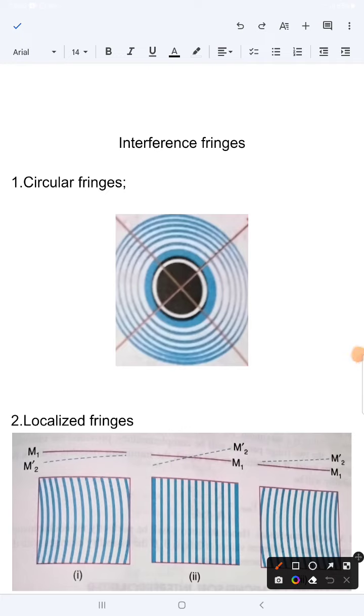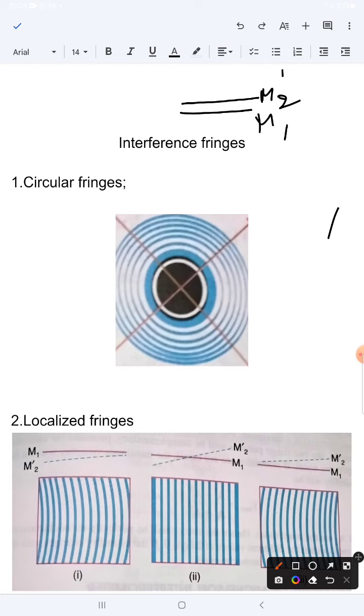So when you look through this microscope, we can see the mirror M1, and at the same time we can see the virtual image of M2 also. If the two mirrors are exactly perpendicular to each other, then the virtual image of M2, which we denote with M2 dash, and the mirror M1 both are coinciding with each other.